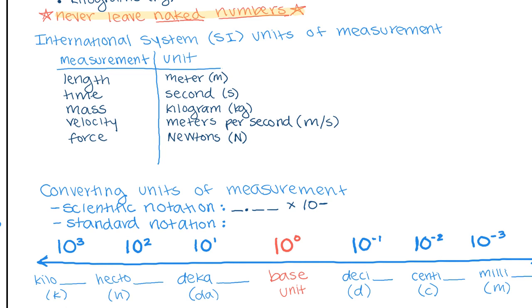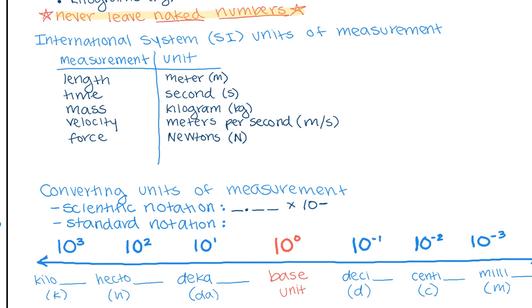Because it gets really confusing. We have one scientist in America using inches to measure length, and another scientist in China using meters to measure length. So it's really hard to replicate and share ideas when we're using different units of measurement. So the scientific community came up with this idea of an international system of units of measurement. We call these SI units of measurement.